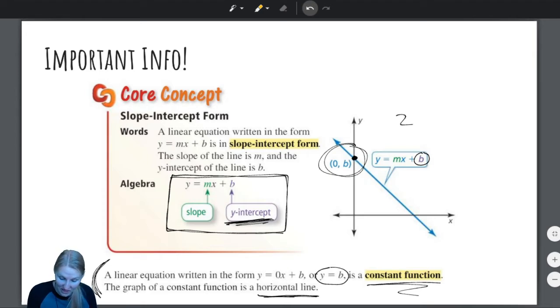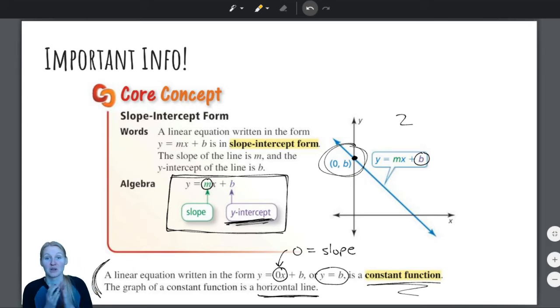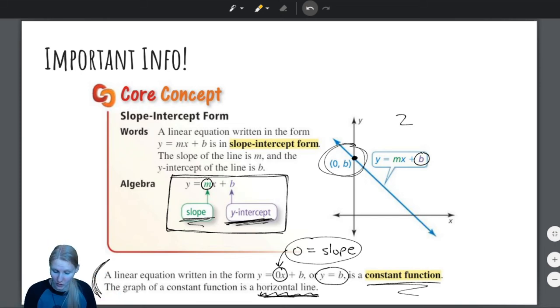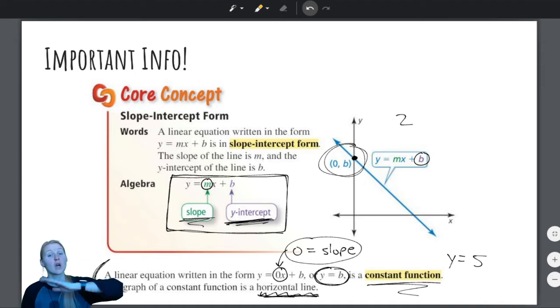So notice when it says 0x, the 0 is the slope, because the m, or the number in front of x, is our slope. So if we have a slope of 0, we have a horizontal line. So anytime you have y equals b, y equals some number, we know that that's going to be a horizontal line that has a slope of 0.